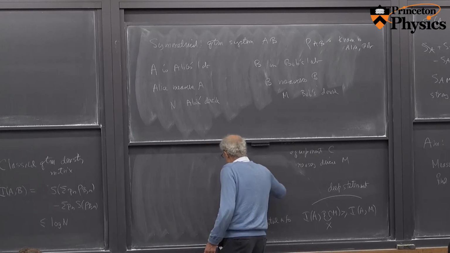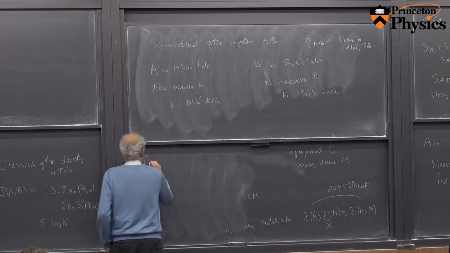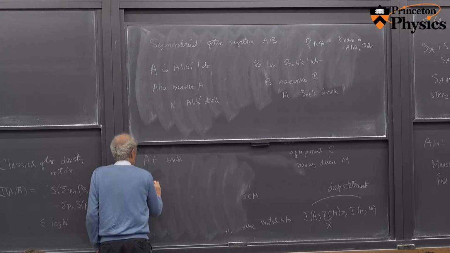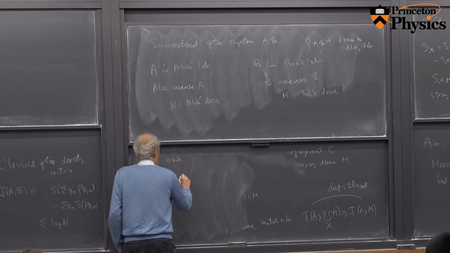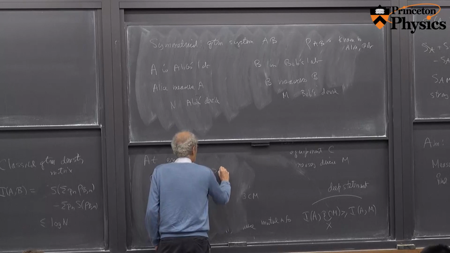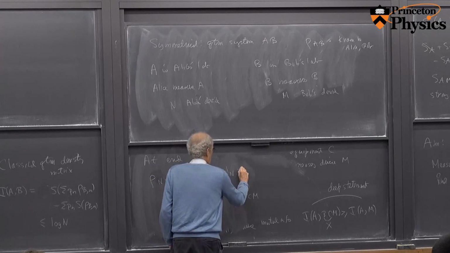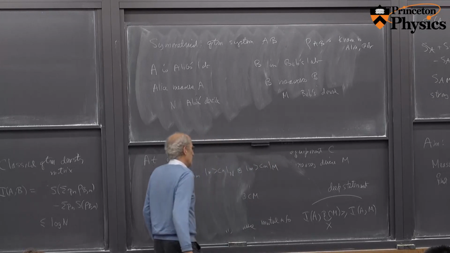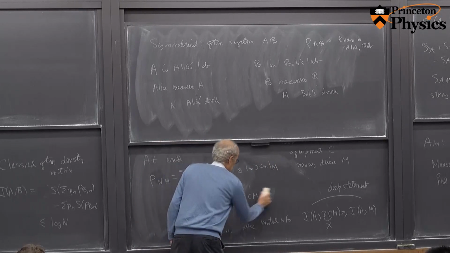So at the end, there will be some density matrix for the combined system of the two measuring devices. It'll be a joint probability distribution for the values of N and M measured by Alice and Bob.